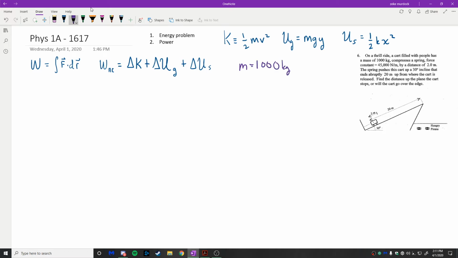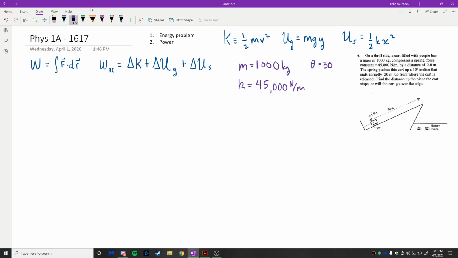And then it says that it compresses a spring with a force constant of 45,000 newtons per meter. So that's k equal to 45,000 newtons per meter. It pushes the cart up an incline that's angled at 30 degrees. I'm going to call that theta, so we can use theta instead of writing 30 every time.